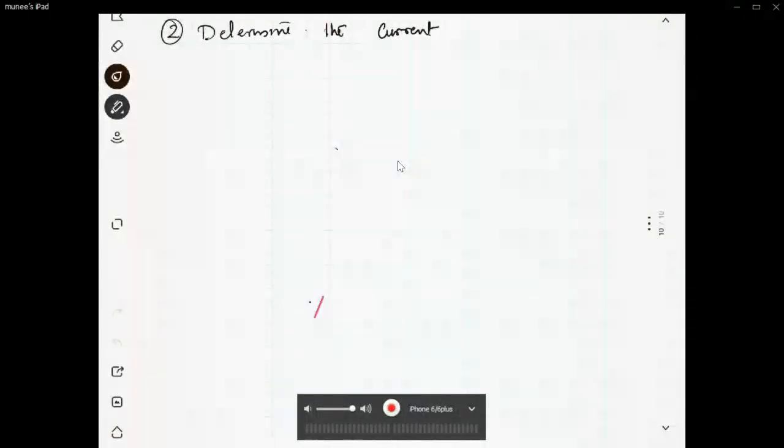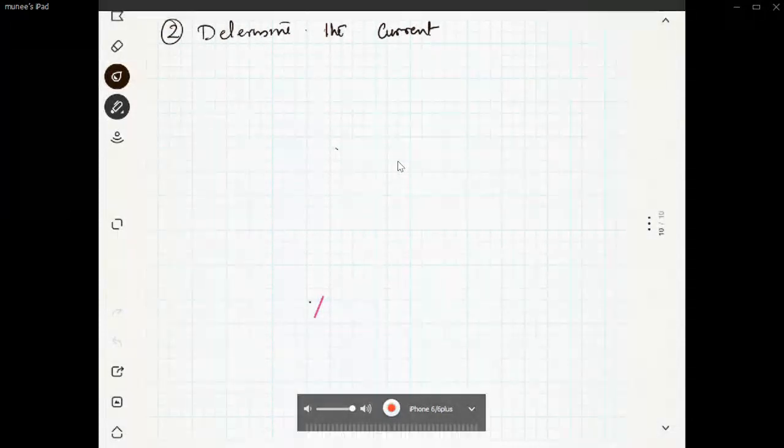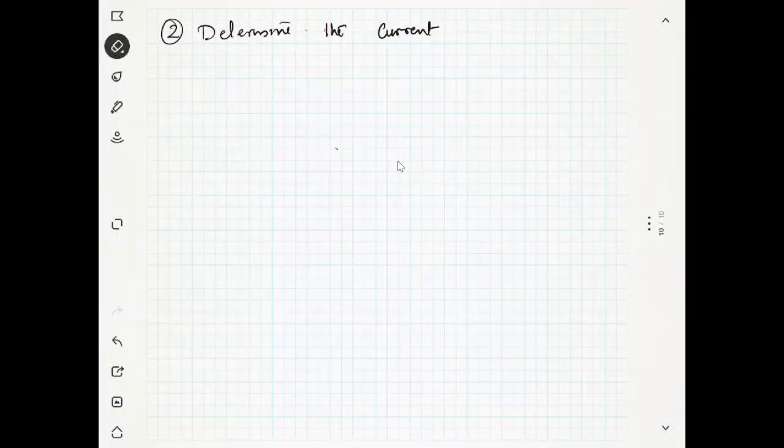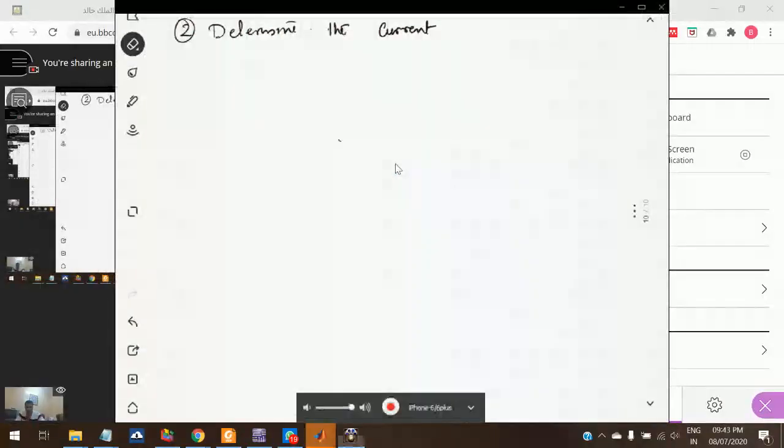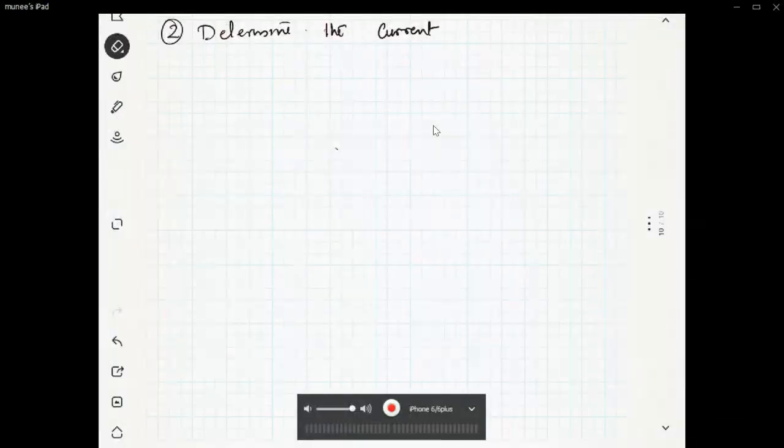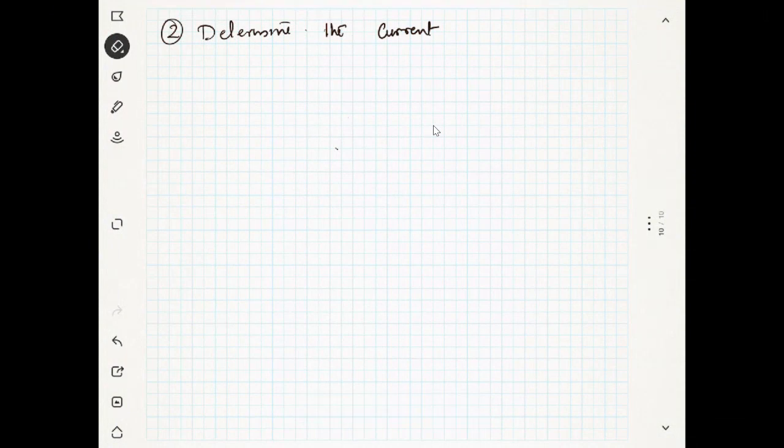Yes, we can see now, doctor. Fine. I think you can hear me also. Okay, so we will see another question. Determine the current I. So you have a 1 ampere current source like this, and this is a 1 ohm resistance.